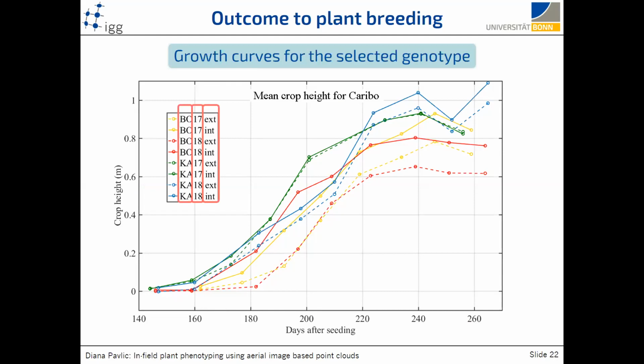Also, if they're interested in a specific genotype, like Caribou here, and they want to monitor the growth behavior of this specific genotype for different seasons, different locations, and different management systems, they can look at charts like this.